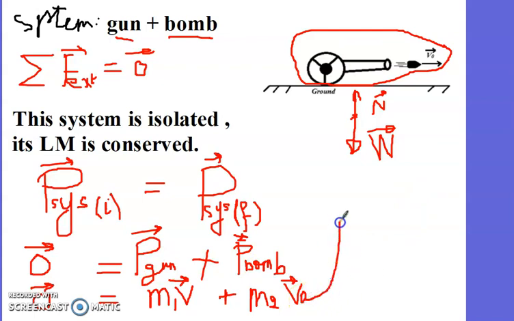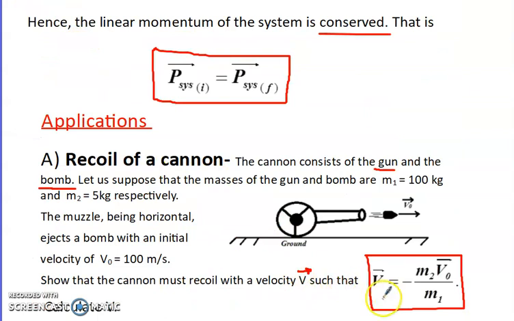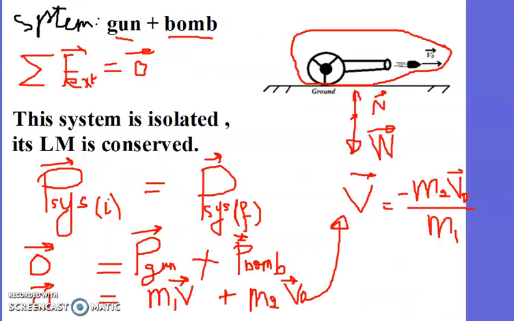Clear? So it means that V equals, after some simple calculation, minus M2 V0 over M1. So we've proved V equals minus M2 V0 over M1.